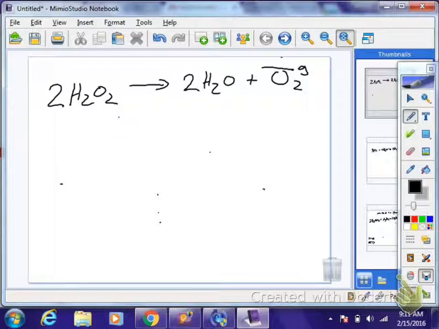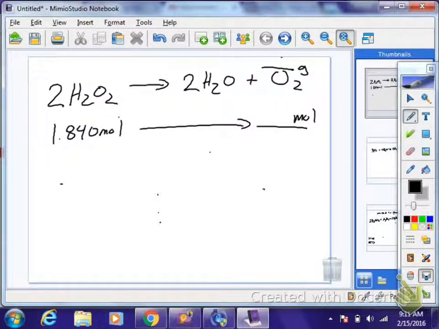So this is H2O2, right? And this is 1.840. So my map will show that I need to come here. Before I can get any grams, I've got to transition that to moles of O2. Every time you want to find grams of something else, you got to go through moles to get there.